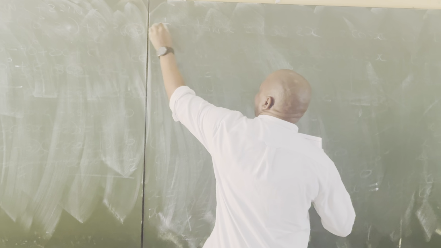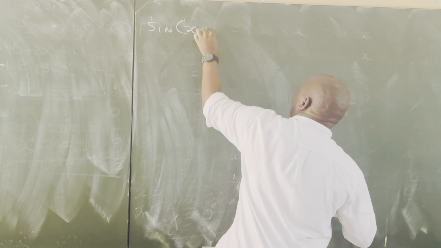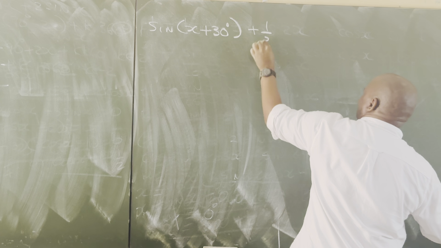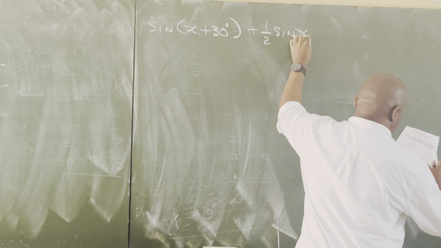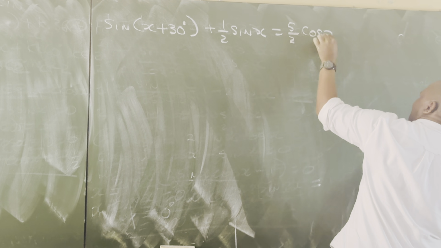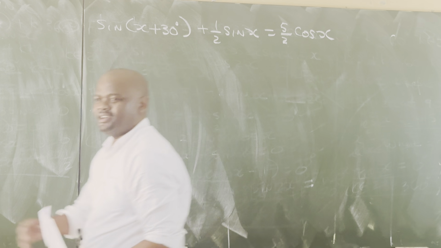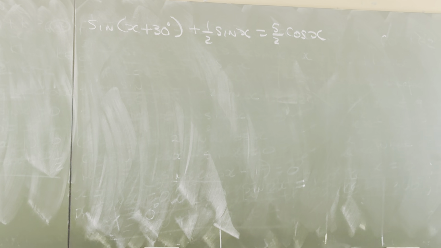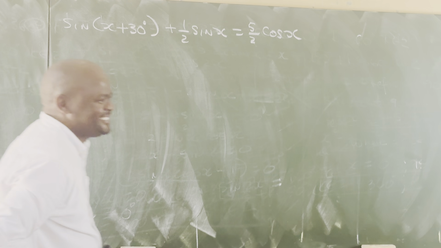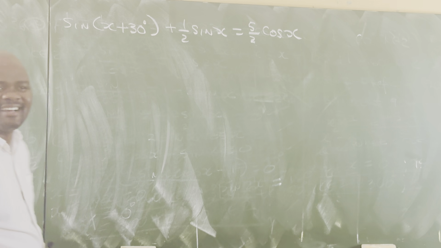We have sine of (x plus 30) plus 1 over 2 sine x is equal to 5 over 2 cos x. What do you propose in this one? What should be our first step? Remember, this is the last one.